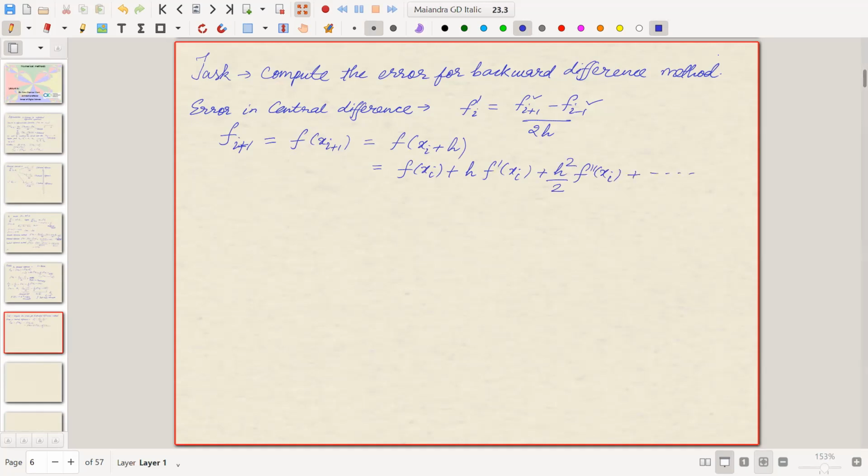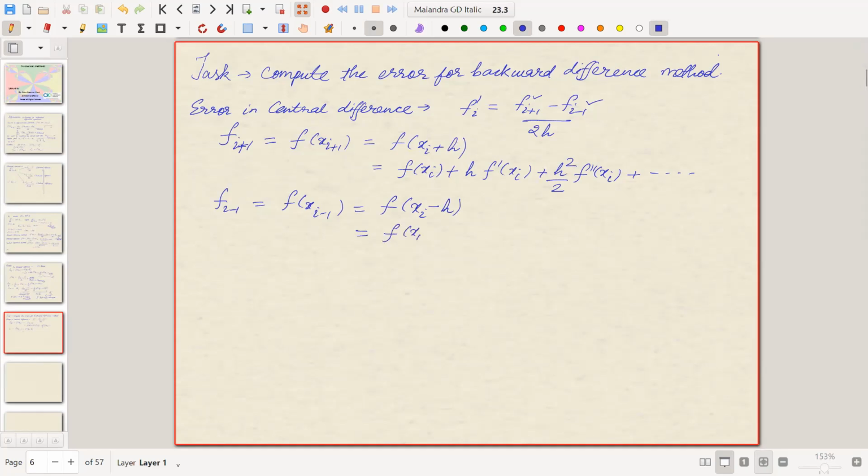Now I need f i minus 1, that is f of xi minus h, because it is a uniform grid. So xi plus h, you go to xi plus 1. Xi minus h, you go to xi minus 1. Now you can write it as a Taylor series. See that instead of plus h as above, you have minus h.